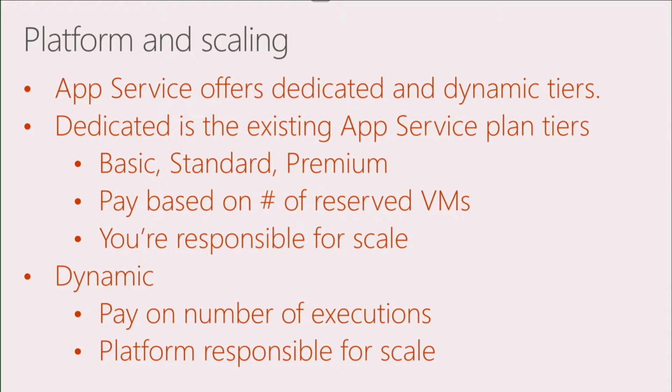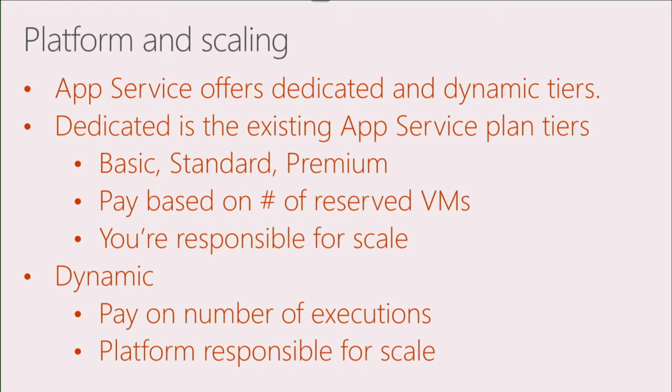That's really interesting because for things like a timer-triggered WebJob, or a queue-based WebJob that was doing something very infrequently, you can run that in your existing compute like you do today without paying anything extra. Even though the dynamic serverless mode is very cheap, it's still some amount of extra. So you can also choose to just run this on the existing VMs you've already bought with Azure App Service.